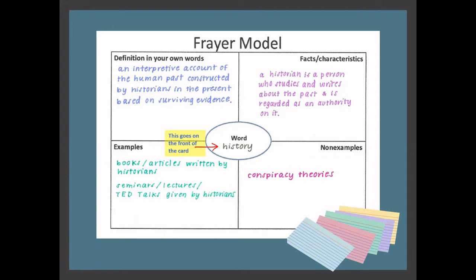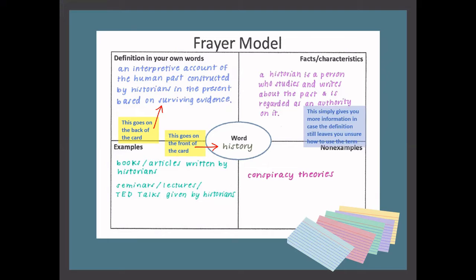In the center, you have the vocabulary term. In the top left corner, the definition that we will be using for the course. In many cases, words have multiple meanings, and so I do want you to use the definition that I provide to you because it is the one that best fits the context of history lessons.